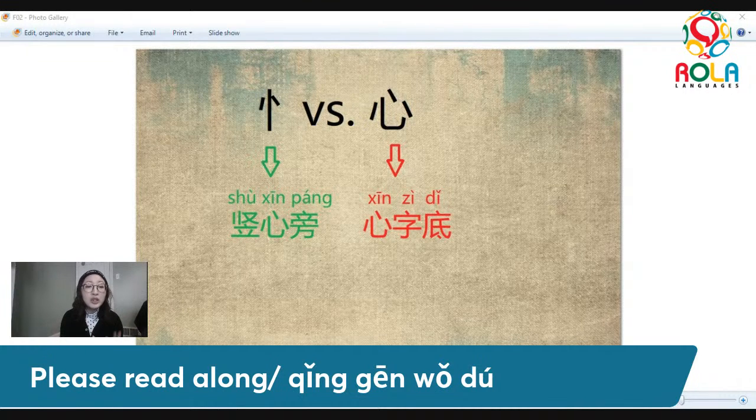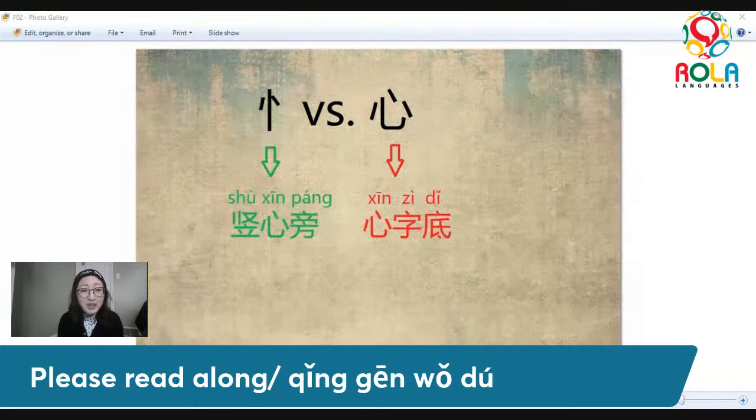So when you're in the process of learning Chinese characters, 汉字, whether it's to read it or to write it, you would encounter two 偏旁 that represent heart. The two are now on the screen. One is what we just talked about, 竖心旁, vertical heart radical.